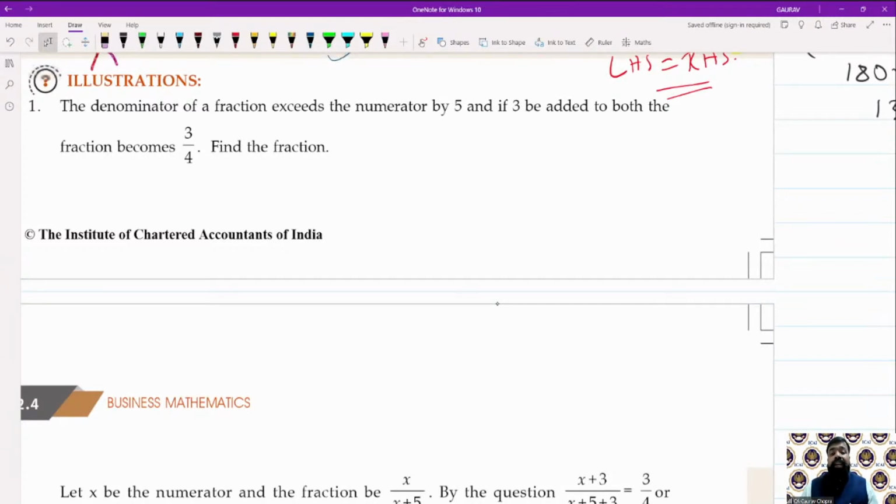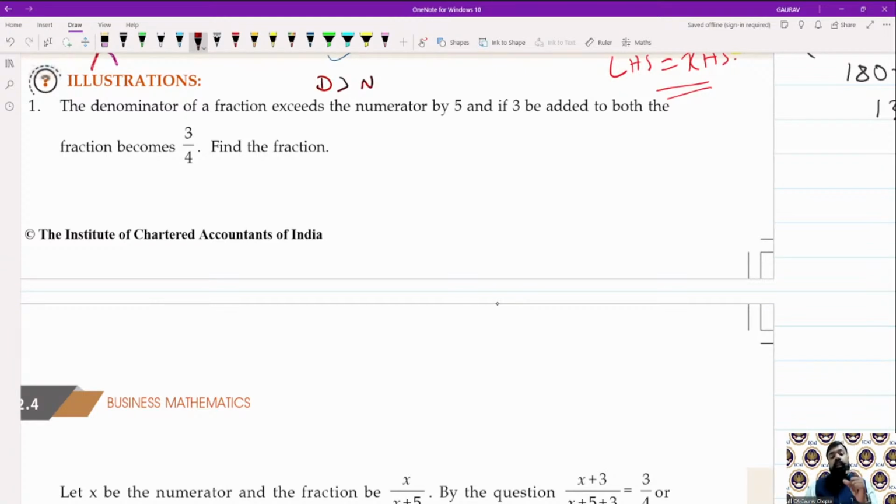Now here we have this statement and we have to conclude how the statement can be converted into an equation and how to solve it. So carefully understand the language. The denominator is more than the numerator by 5.